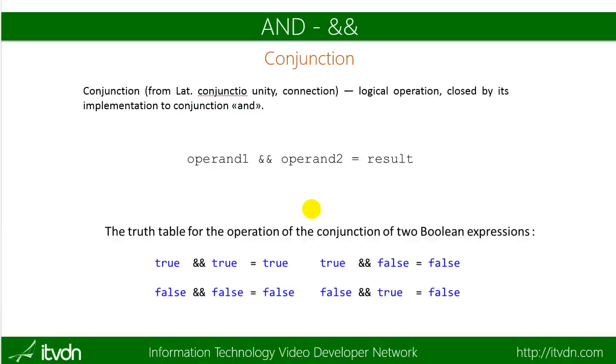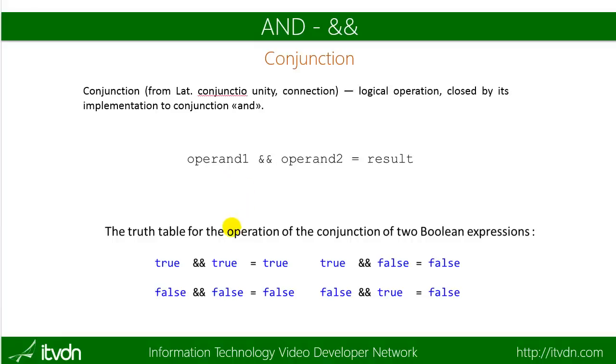What we mean by this conjunction is a logical operation implemented as conjunction, AND. This means that we are simply joining or uniting two statements together and seeing if they are both true, or one of them is true, or both of them are not true. So we compare them, we join them, and we have a result.